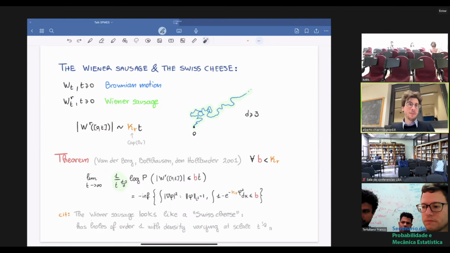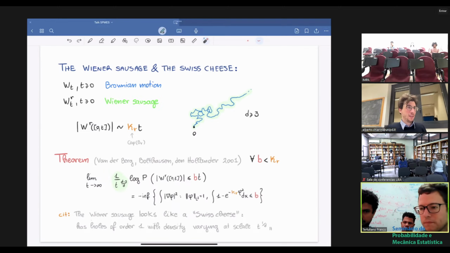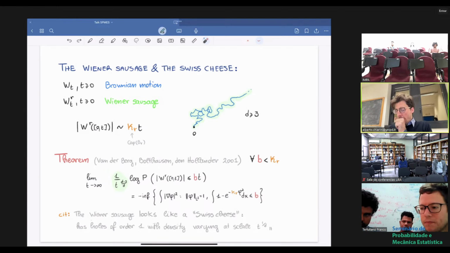Also they have a very different behavior in dimension 3 and 4 and 5 and higher. We do not have a constraint on the L2 norm, because we run the random walk up to the end of time. That's kind of the difference. And they say that the Wiener sausage looks like a Swiss cheese.